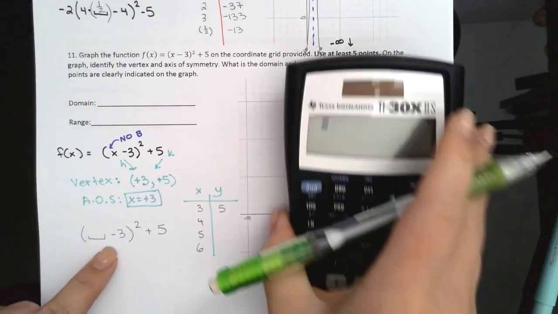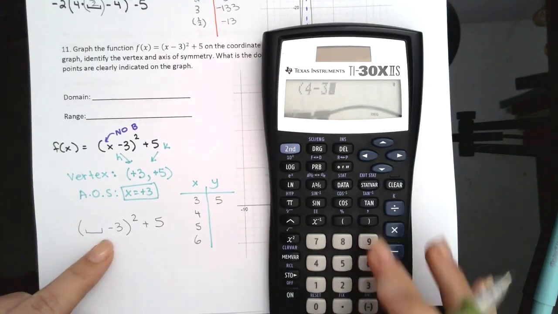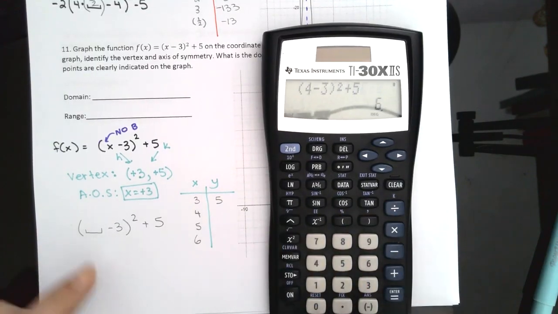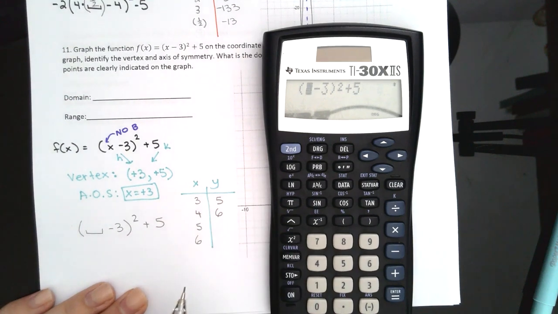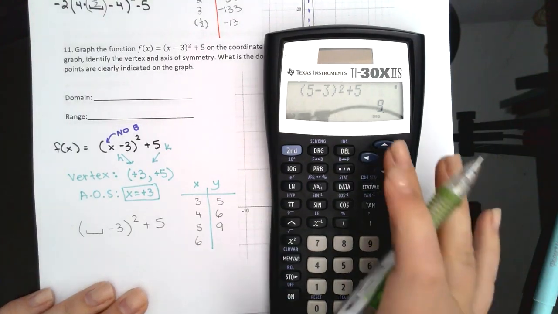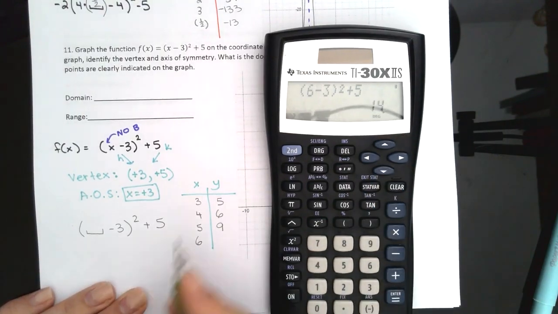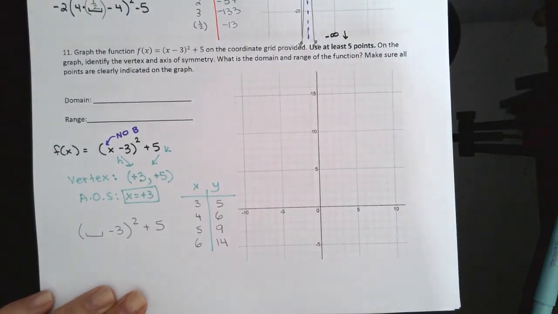Yes, parentheses like this are required because you are squaring it. So open 4 - 3, close it, square it, +5, I get 6. Go up, have your 4 blink, then change that 4 into a 5, I get 9. After the last example, these numbers are very pretty. And I get 14.